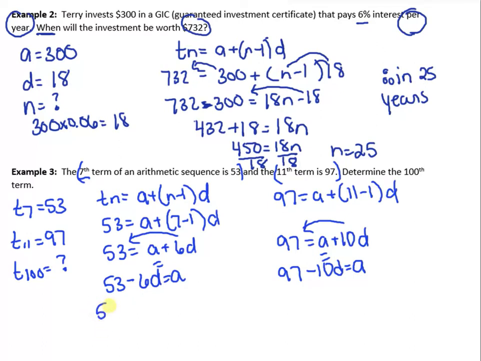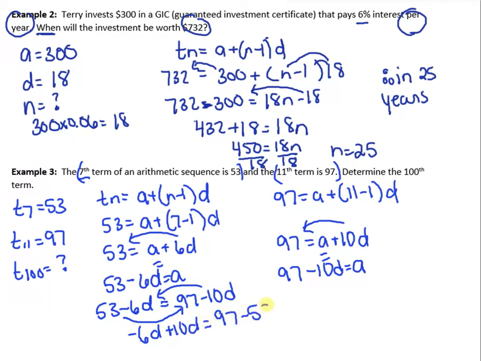So let's go 53 minus 6d equals 97 minus 10d. I'll bring the 53 over here, the negative 10d over there, to get negative 6d plus 10d. I'm just doing every single step just so that you guys can see the process here. We get 4d equals, and then we've got 97 minus 53, 44. I get d equals 11.